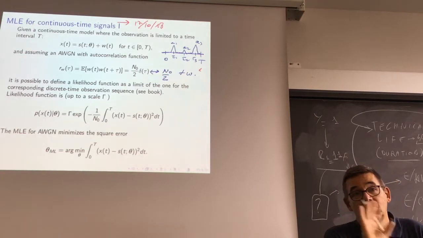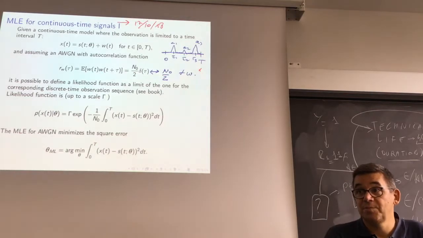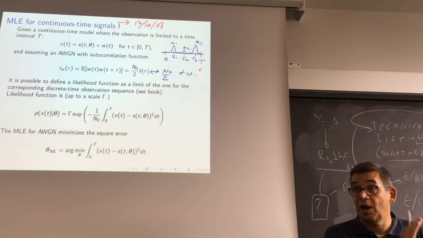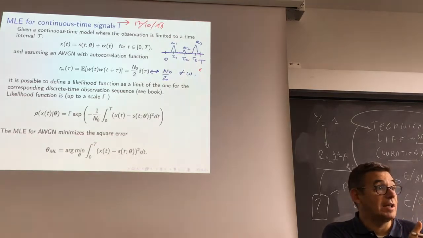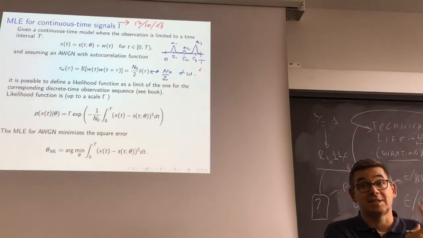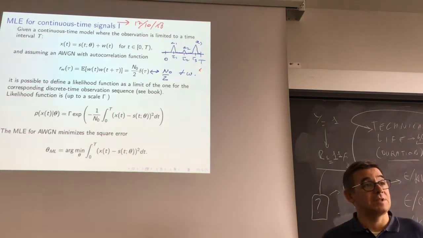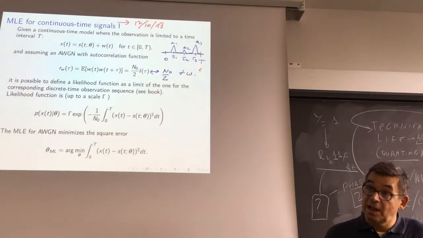Well, we try to make our steps in a very pragmatic way. We know how to write a maximum likelihood for a Gaussian case. We know how to write the maximum likelihood when the signals are sampled. So let's artificially sample the signals. In this way we can derive the likelihood function and the maximum likelihood method.